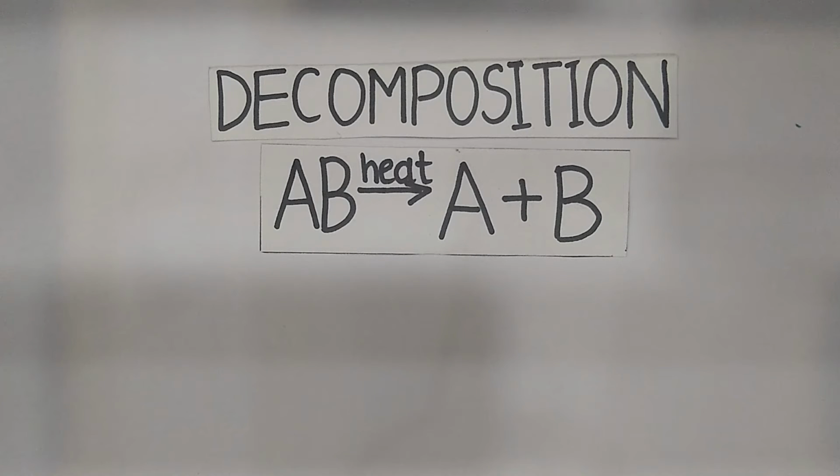So what exactly happened in a combination reaction? There A plus B combined to give us AB, but in a decomposition reaction, AB needs some amount of heat to give us the simpler compounds of it, which are A and B.